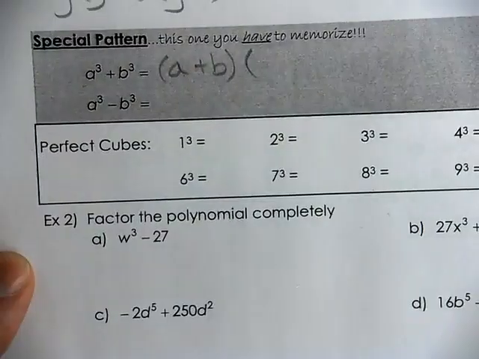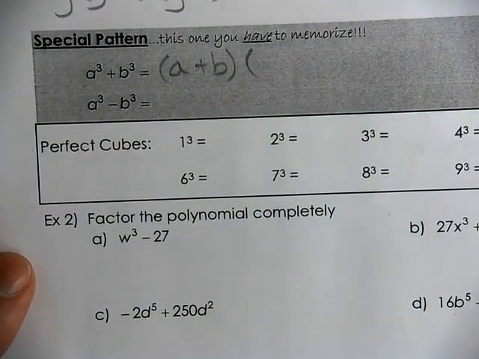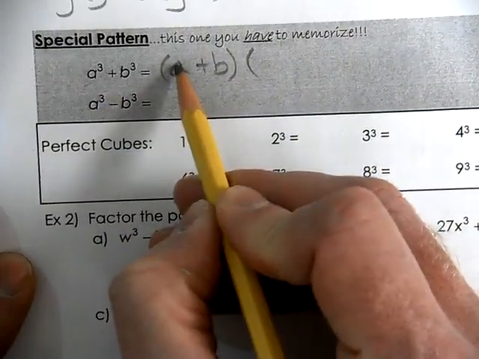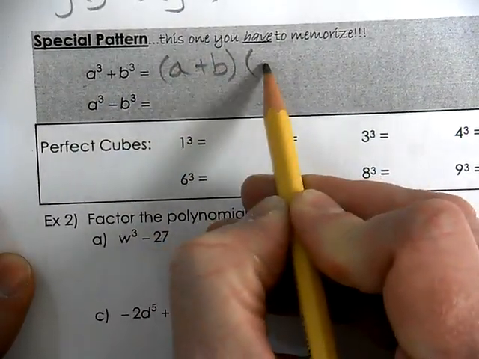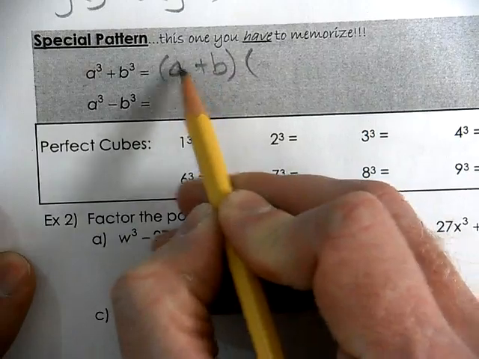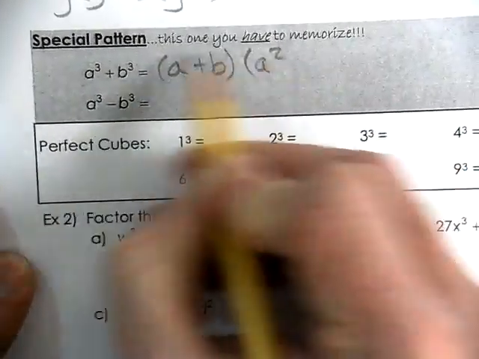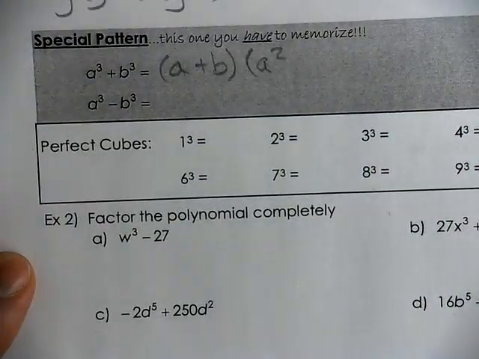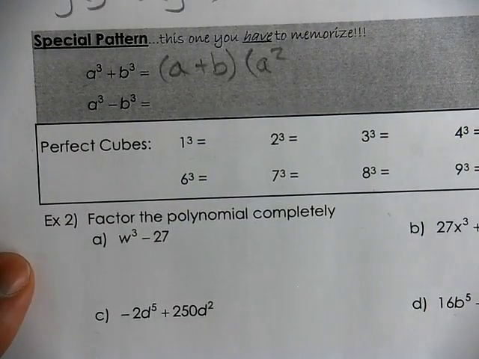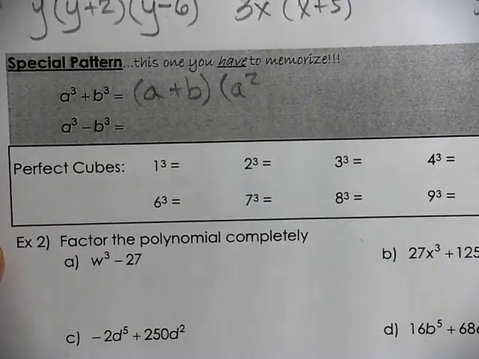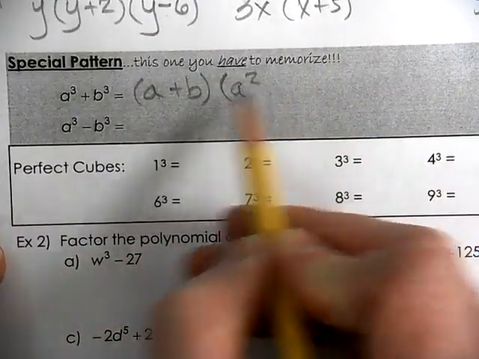So here comes the crazy part. What's going to make a cubed? A times what? A times a makes a squared. A times a squared would make a cubed. So we totally understand why it's a squared, because that's going to make a cubed. Now the weird part, this is where it gets a little strange, is just this middle section.